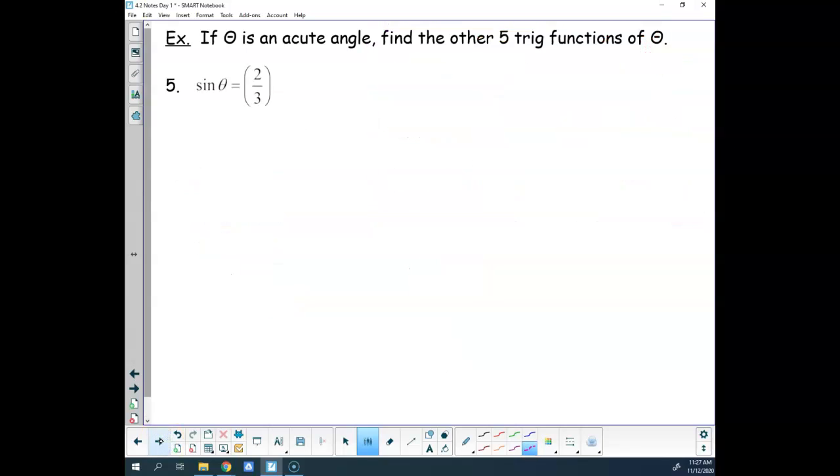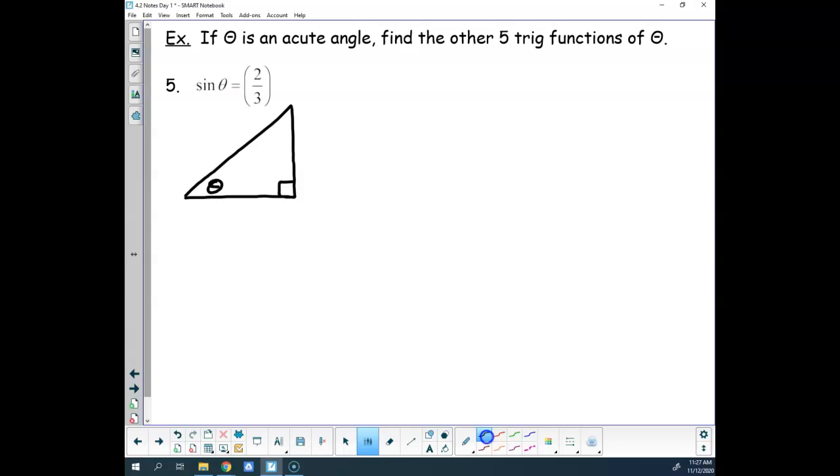So, if theta is an acute angle, find the other 5 trig functions of theta. So we know here, so in this one, it helps to draw ourselves a triangle. Okay? And then let's put theta down here. Really, it doesn't matter. Okay? The right angle is here.